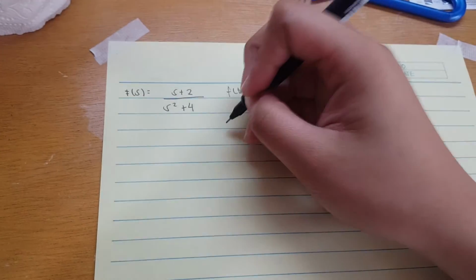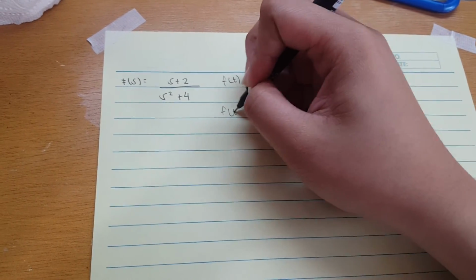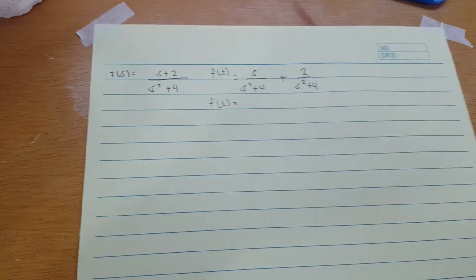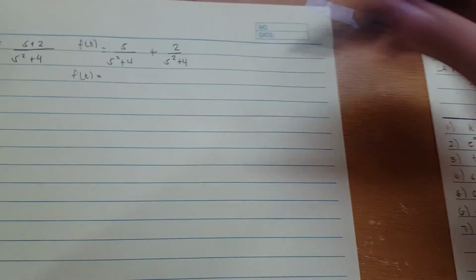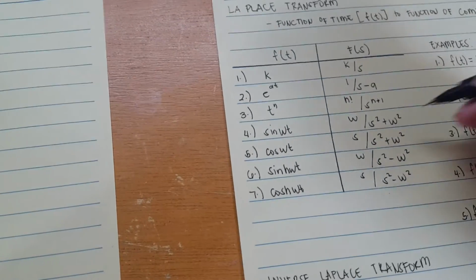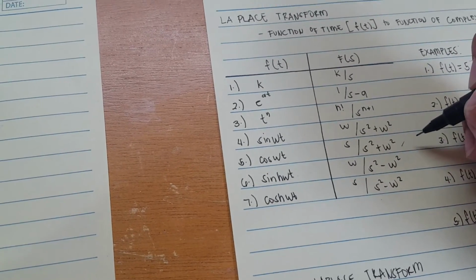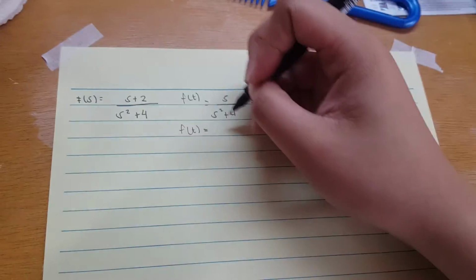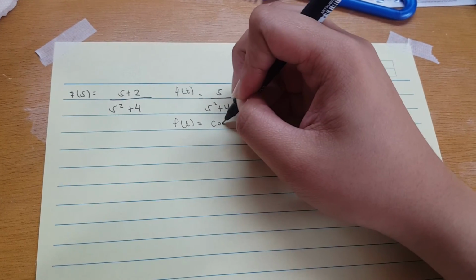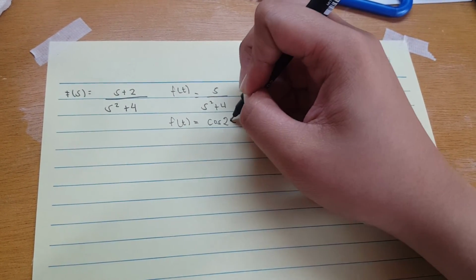So f of t now is equal to, in the first equation, you are going to use number 5 in our chart: cosine 2t.